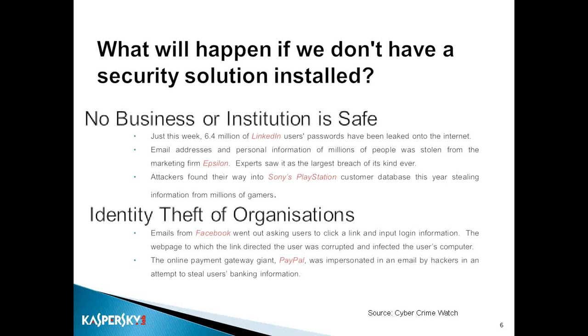Identity theft of organisations is also extremely important and something we must protect against. Emails from Facebook were asking users to click a link and input login information. This is an example of some of the banking emails you may come across, or the phishing type attacks you may receive, of people impersonating organisations, sending emails to users saying they represent a large organisation or institution when they actually don't.